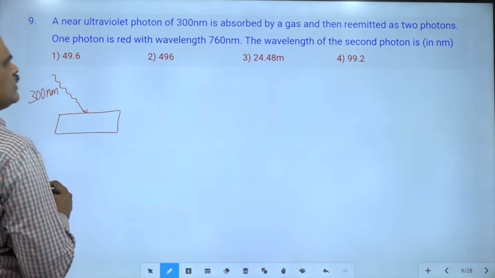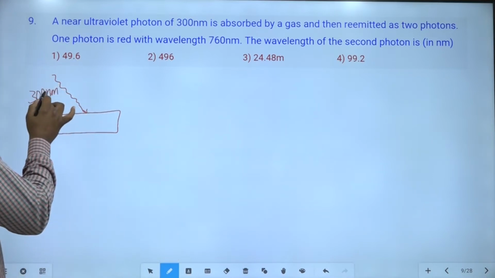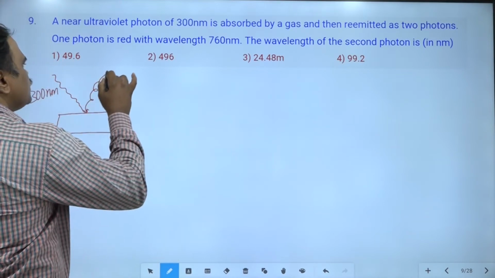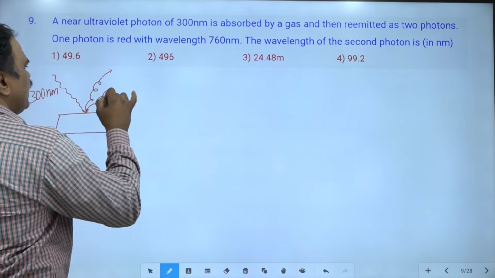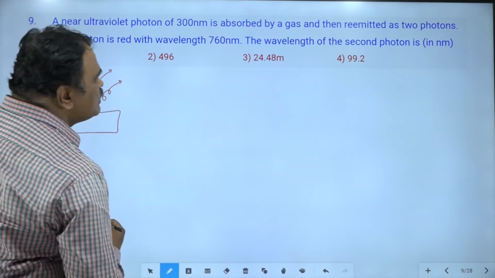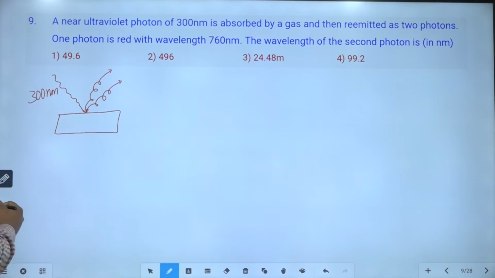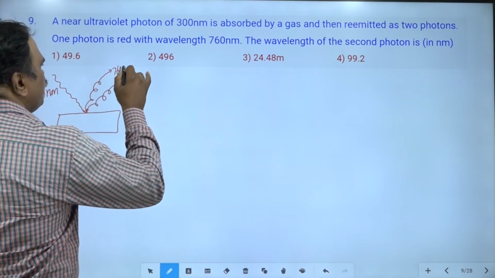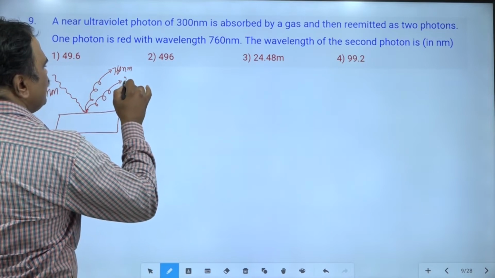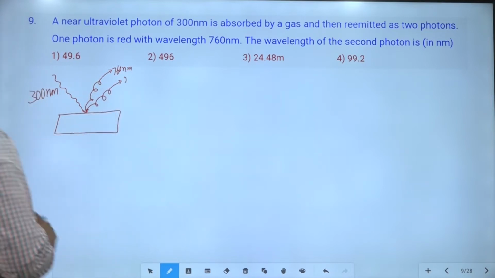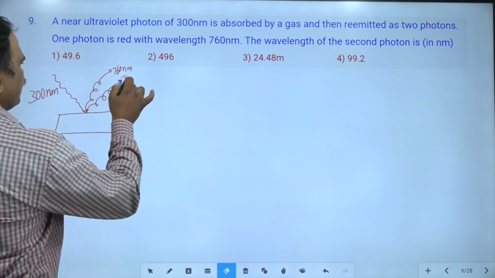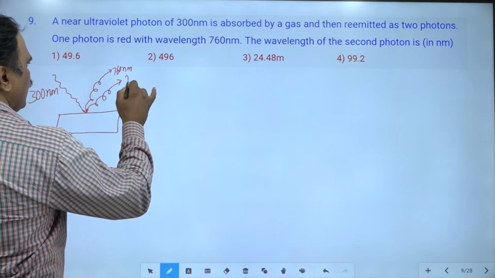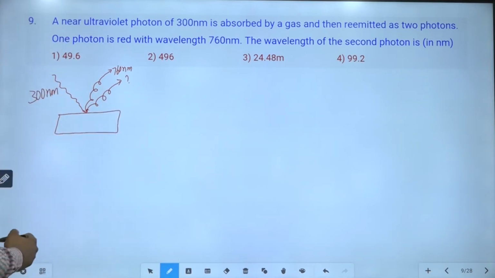When light of 300 nanometer passes over the surface of metal, it emits 2 photons, photon number 1 and photon number 2. One photon is red with wavelength 760 nanometer. Then we have to find the wavelength of the second one.